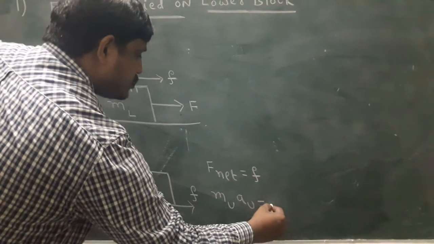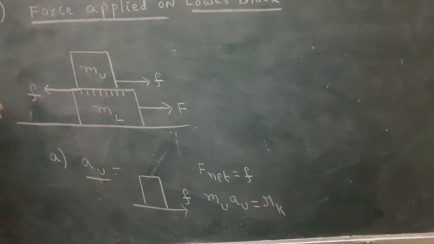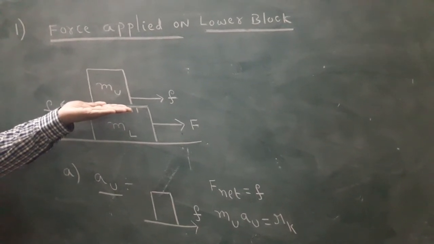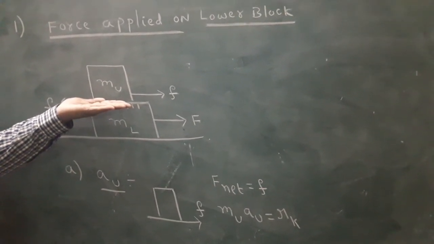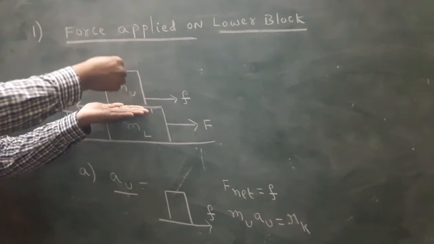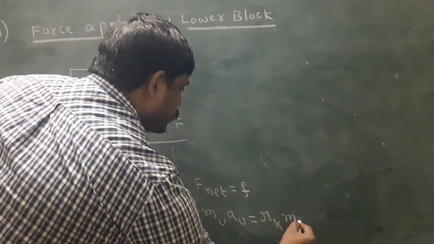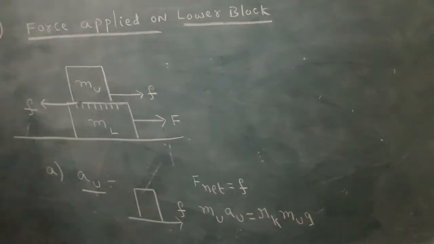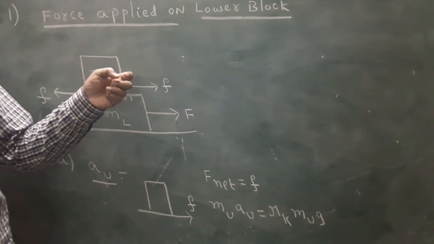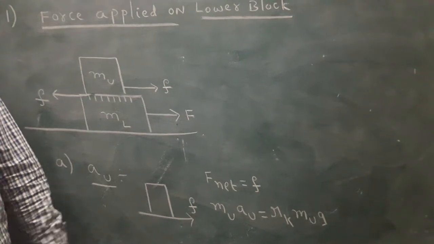Frictional force means mu into N. N is nothing but the normal reaction on the horizontal surface, that is the weight. This is the rough surface. Above mass is mu, simply mu into g. Once again I repeat, on the upper block only the frictional force acts. Frictional force is a pseudo force.